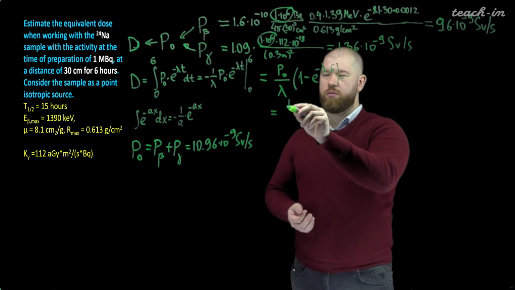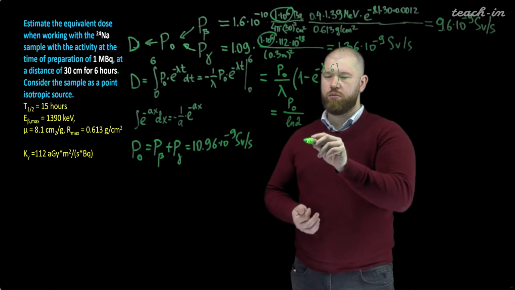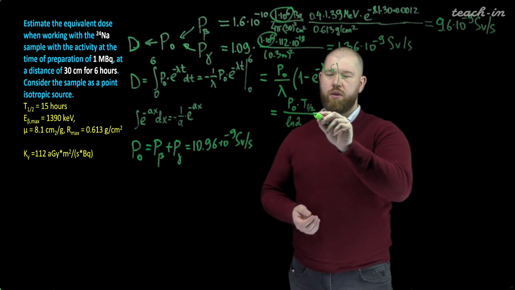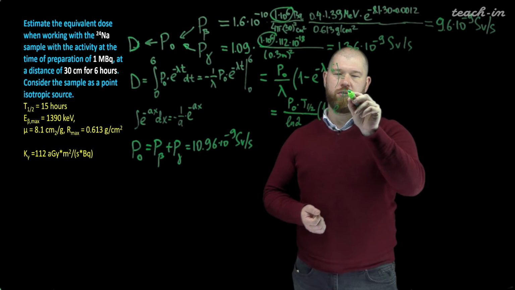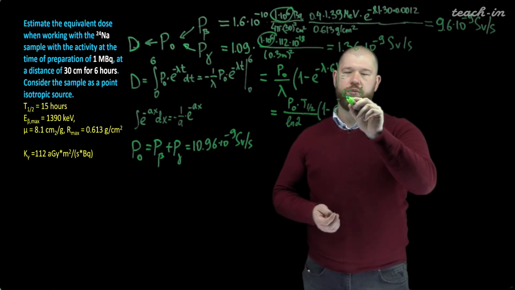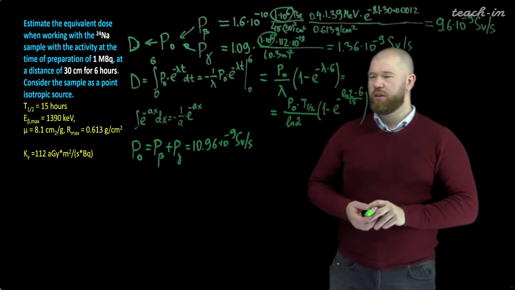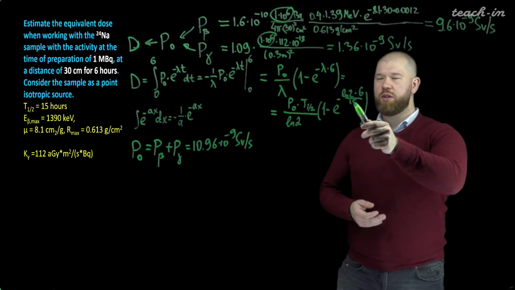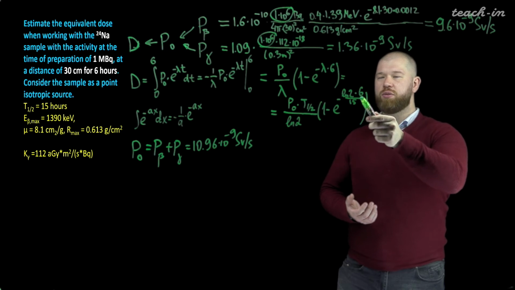It will be P0 divided by lambda, the natural logarithm of 2 divided by the half-life, times 1 minus exponent of minus natural logarithm 2 multiplied by 6 divided by 15, where 15 is the half-life of our radionuclide. In this case, there is no need to convert hours to seconds because the time is also in hours.